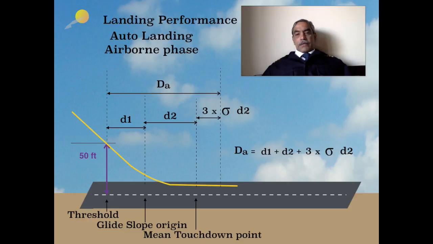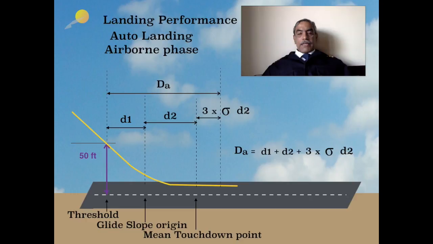Now, pay attention to this diagram very carefully. DA is what is being denoted by the airborne phase of the auto land. Now, the aircraft arrives at 50 feet above the threshold with the configuration and speeds as defined earlier. Of course, now the autopilot is flying the aircraft, and once it crosses 50 feet, as it approaches the ground, there is a point called glide slope origin, where it commences the flare maneuver.